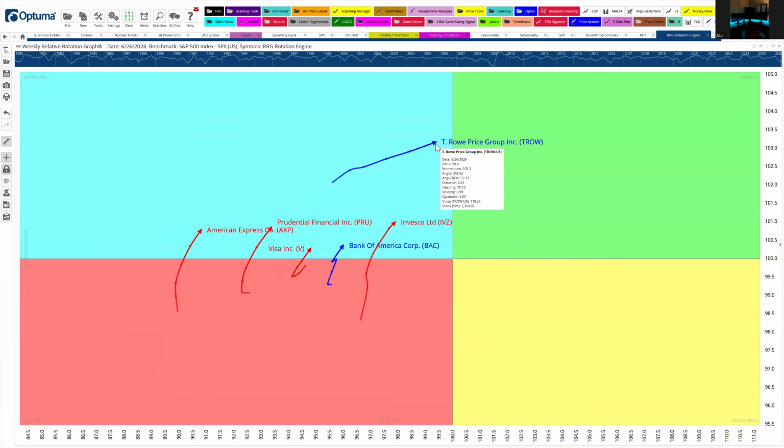So this one has been showing, and this is in a tier one. This is trying to enter into a leadership phase. Bank of America, Visa, PRU is that. We can do this.